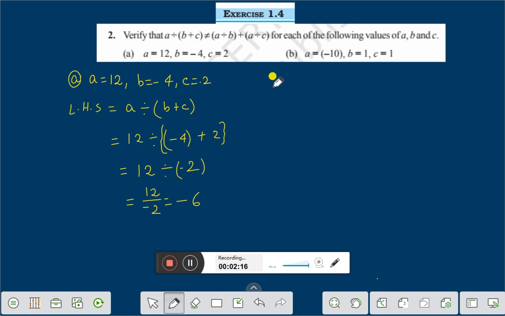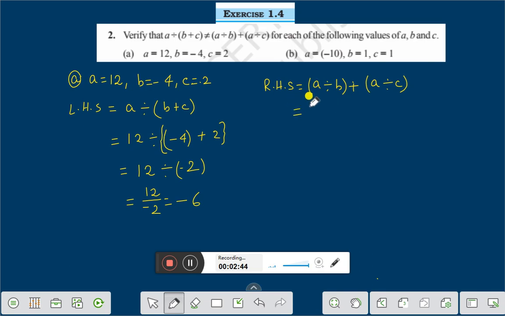And here if we find the right hand side, what is the RHS, then you will get a divided by b plus a divided by c. What are you getting?